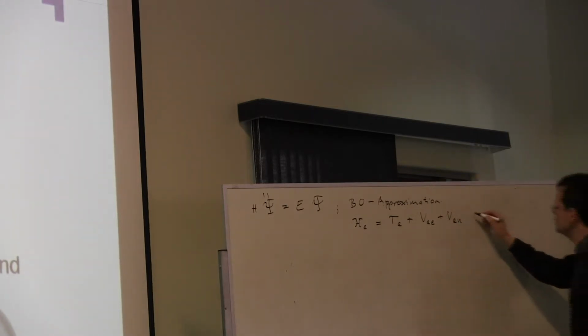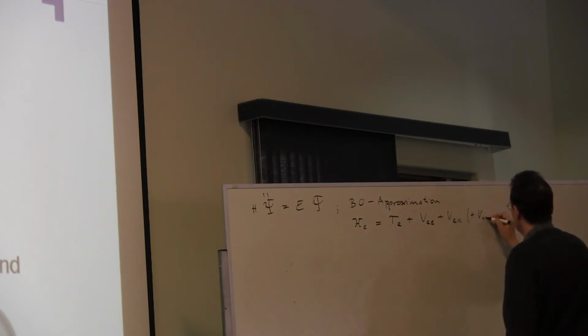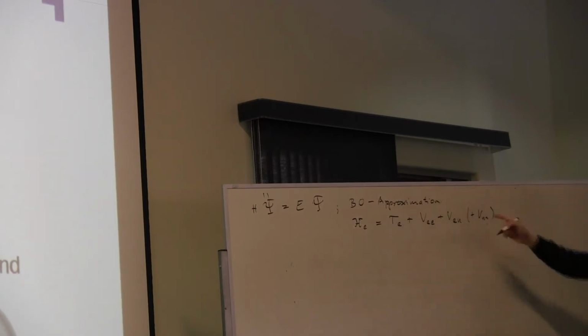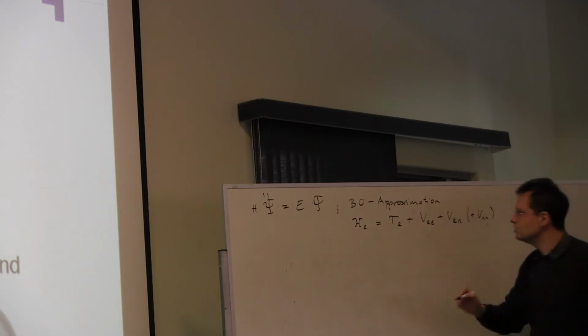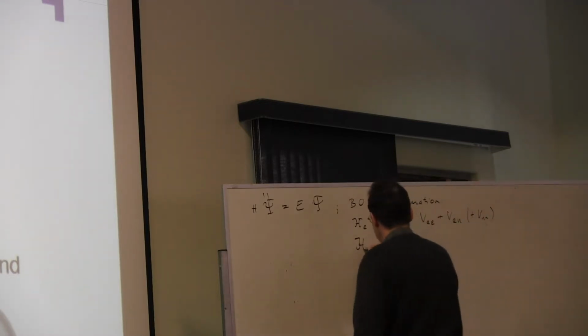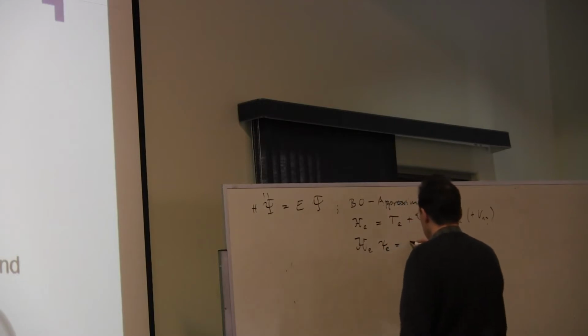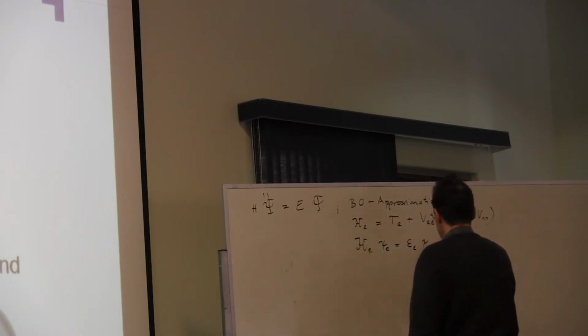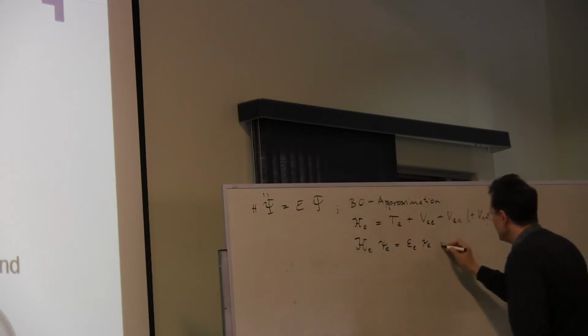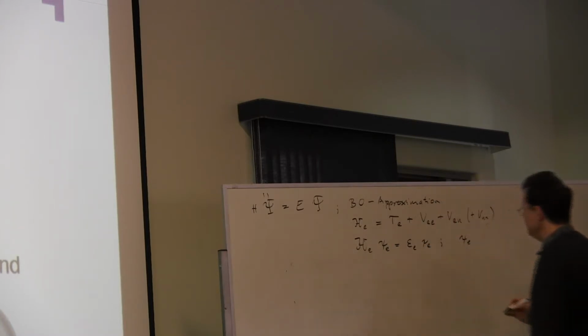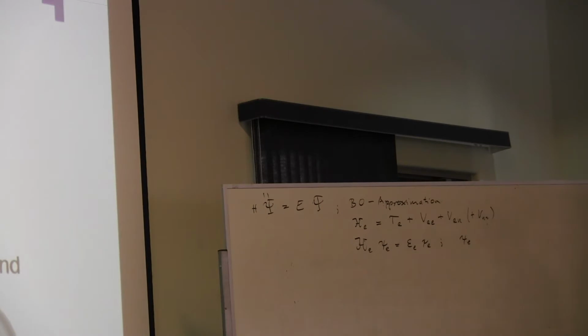And of course there's also the interaction of the nuclei among each other, but this is a constant for the electronic Schrödinger equation, which is defined as H_e psi_e is equal to the electronic energy, E psi_e. Now, the psi_e is the electronic wave function for fixed nuclei.